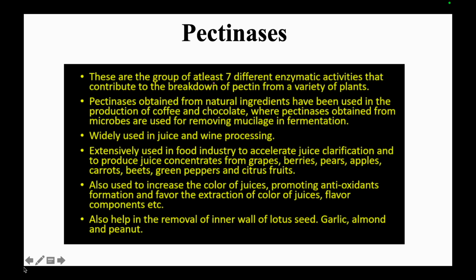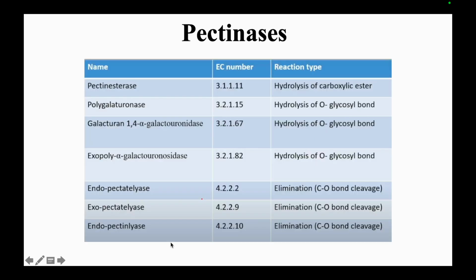This pectin is hydrolyzed by pectinases, and it is extensively used in the food, juice, and wine industry. It also helps in removal of the inner wall of lotus cell, garlic, almond, and peanut. These are the different pectinases present and the types of reactions they catalyze.